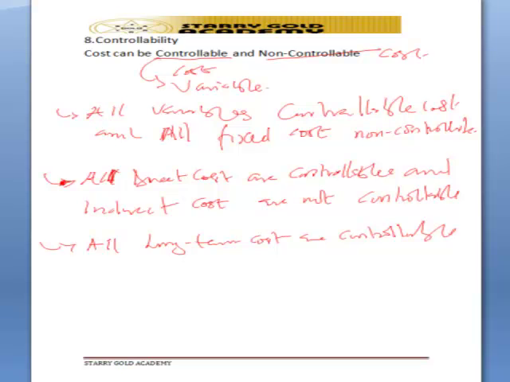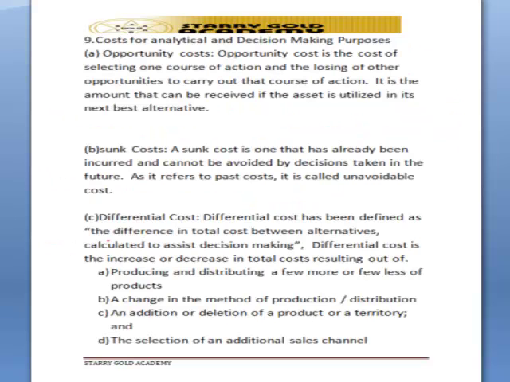Another form of classification of cost is classification based on analytical and decision-making purpose. Here we shall be looking at what we mean by opportunity cost. What is opportunity cost?